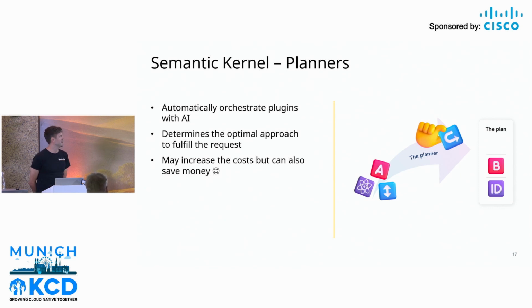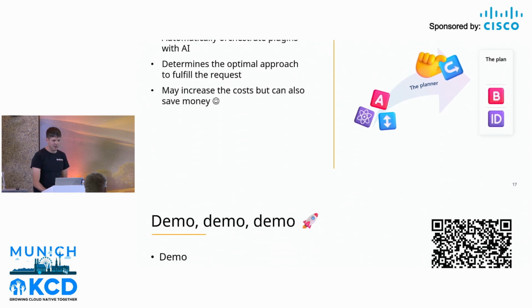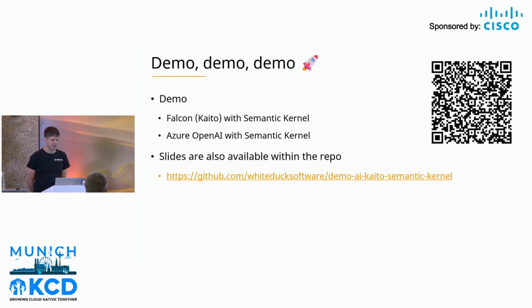That's why I say it may increase the cost, because running the planner also involves AI and a large language model in the back, but it might also improve your plan and the call sequence, for example.